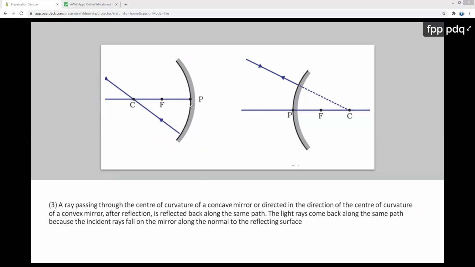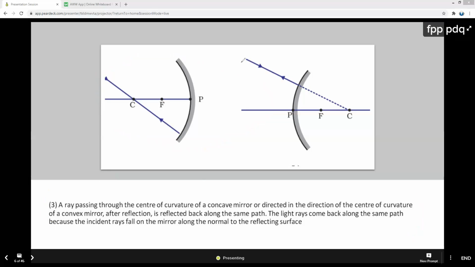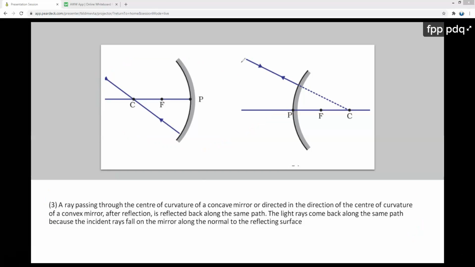Even in the convex case, the ray is coming from this position and then bounces back over here. But just to show that this ray of light is passing through the center of curvature, we show these dotted lines.